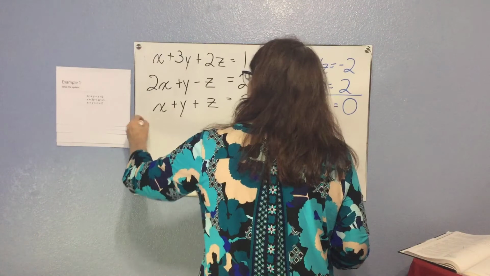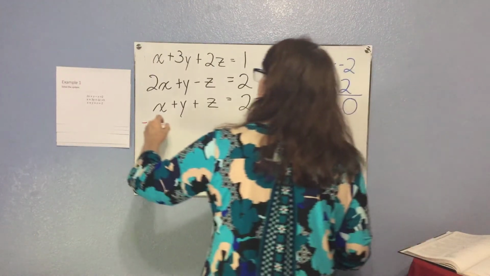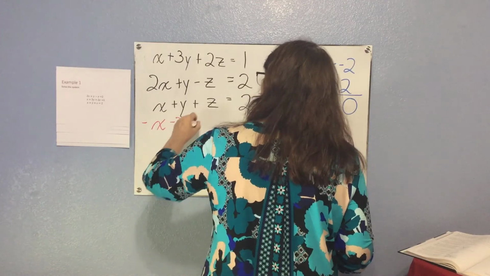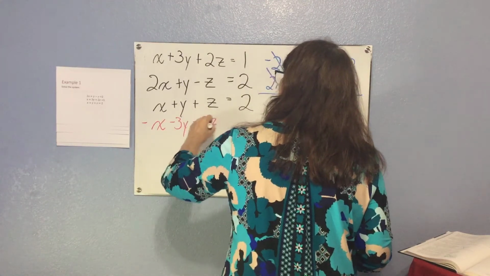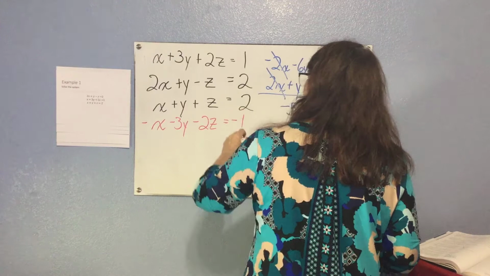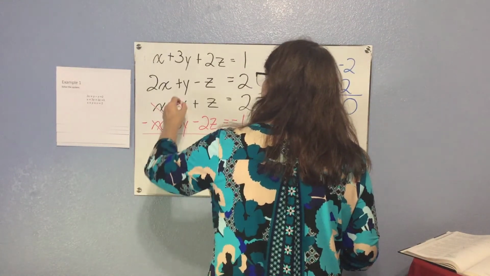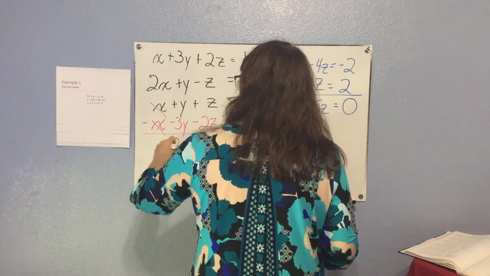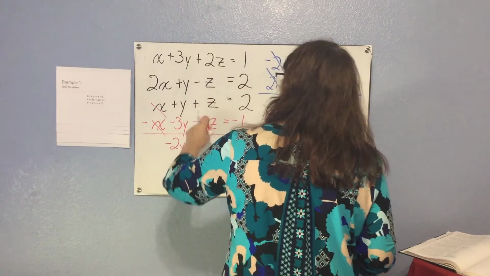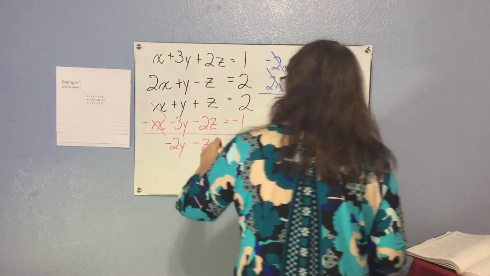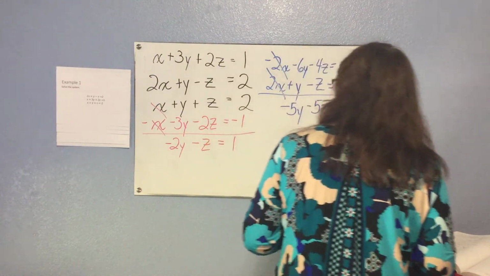So x plus y plus z minus x minus 3y minus 2z equals 2 minus 1. The x's cancel out. I have y minus 3y is negative 2y. Z minus 2z is negative z. And 2 minus 1 gives me 1.